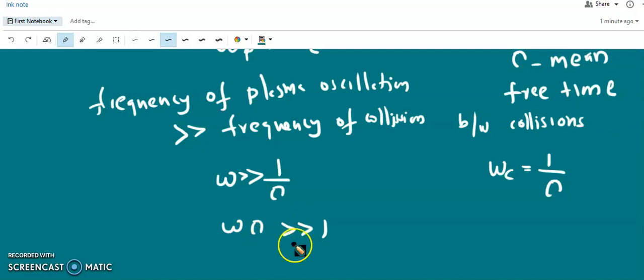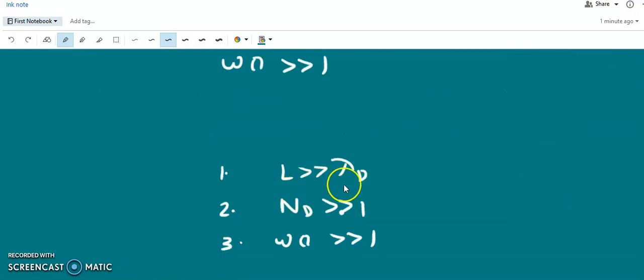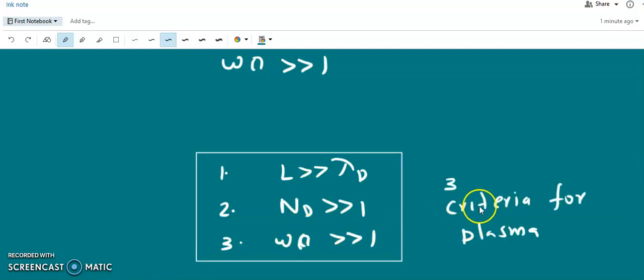So if this condition is satisfied, a gas behaves like plasma rather than a neutral gas. So the three different conditions to be satisfied for an ionized gas to be a plasma are L much greater than lambda D, ND much greater than 1, and omega tau much greater than 1. These 3 conditions are called the 3 criteria for plasma.